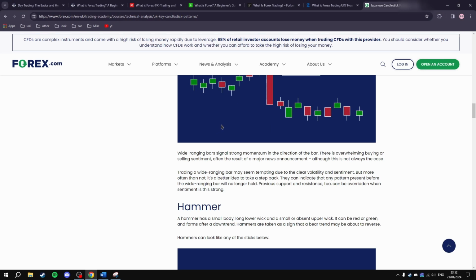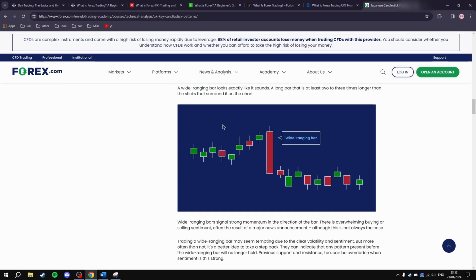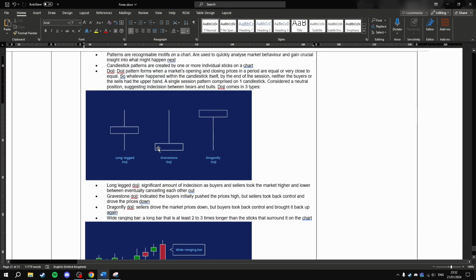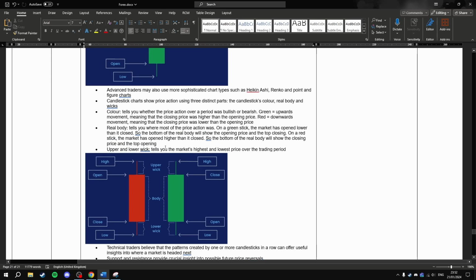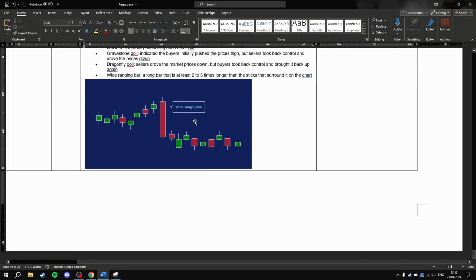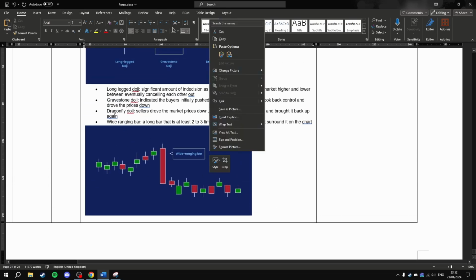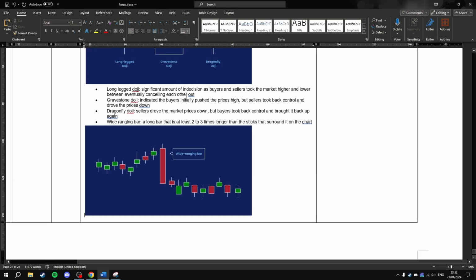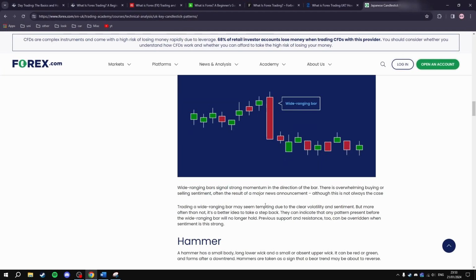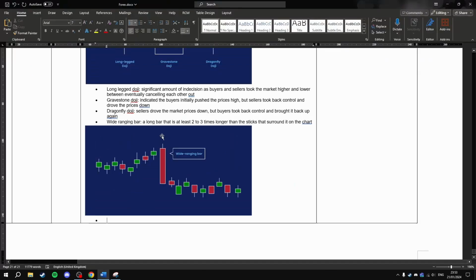A wide-ranging bar signals strong momentum in the direction of the bar. So direction, which is the color of the bar, whether it's red or green, or whether it's upward or downwards.